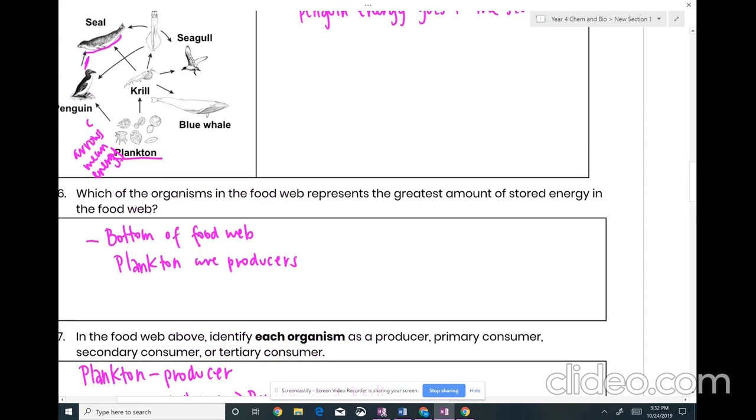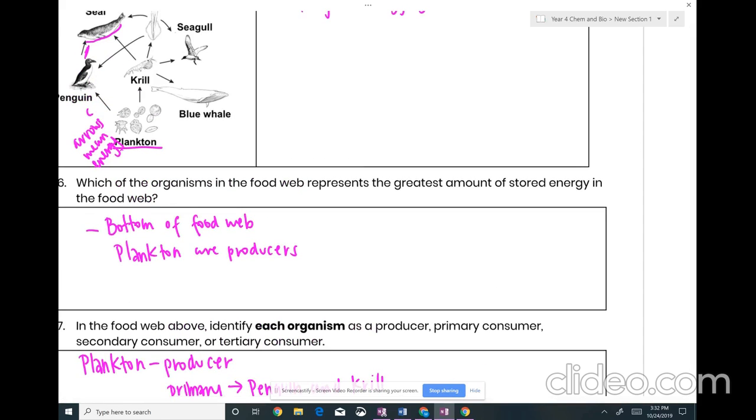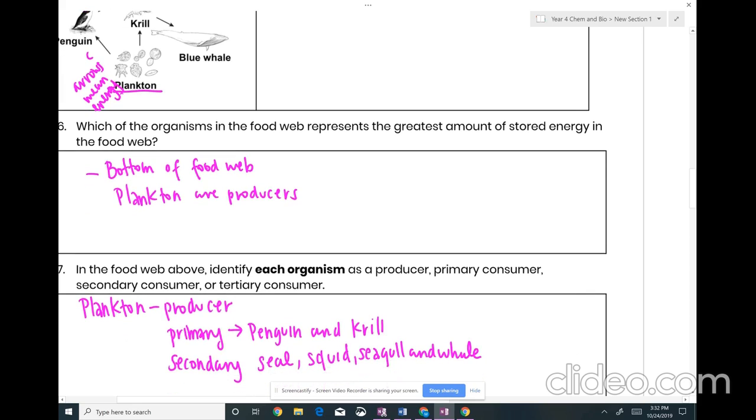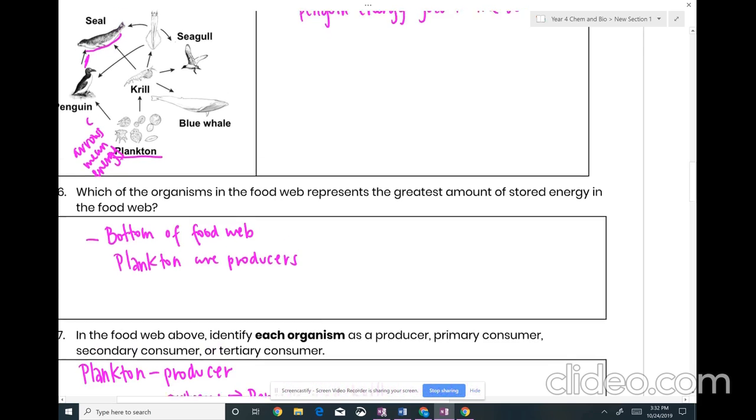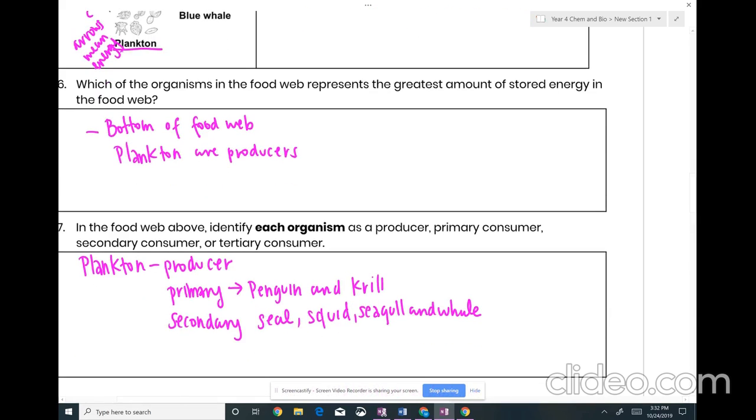So I had that. And then we are going to see if anything eats the squid, seagull, or whale. So I'm looking at that. And I have a couple of tertiary consumers, right?